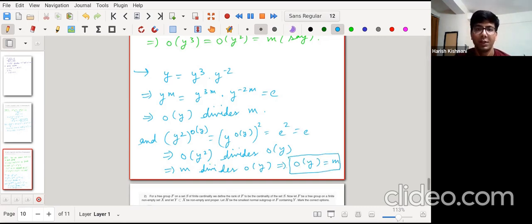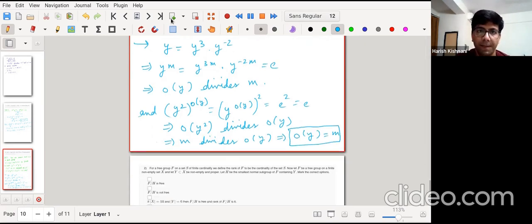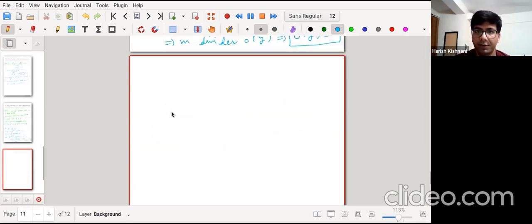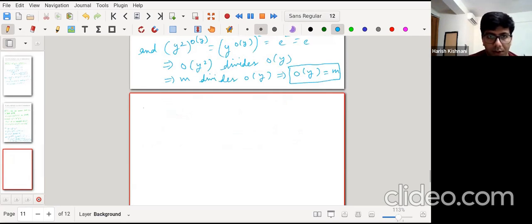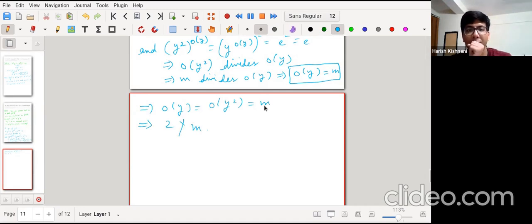Okay, so when can this happen? This implies order of y and order of y square is m. So this can happen if and only if 2 does not divide m, because if m is divisible by 2, then order of y square has to be m by 2.